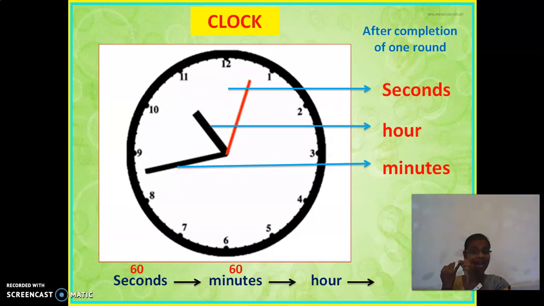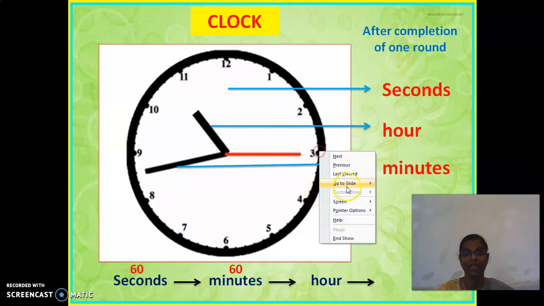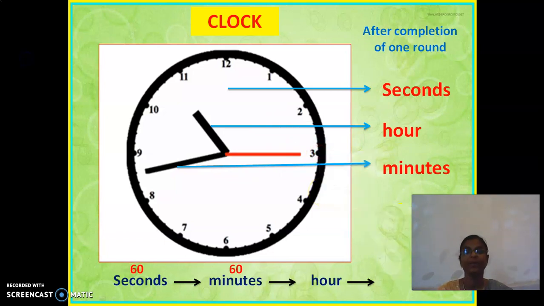When the second hand completes its full rotation, then it is calculated as 60 seconds. And 60 seconds is known as 1 minute. Are you all clear? And when the minute hand completes its full rotation, it is calculated as 60 minutes.